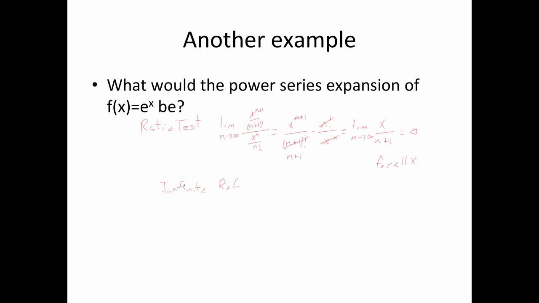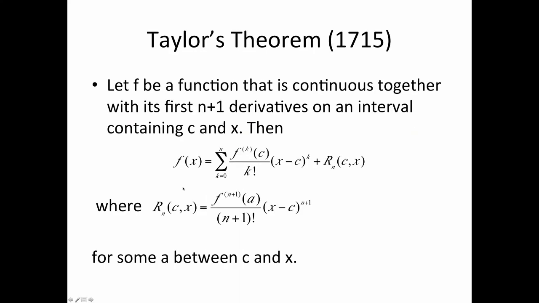Now if we want to formalize all this for any function f of x that is continuous, together with its first n plus 1 derivatives on an interval containing c and x, we can get f of x is the sum k equals 0 to n of the kth derivative at c divided by k factorial times x minus c to the k plus some remainder.